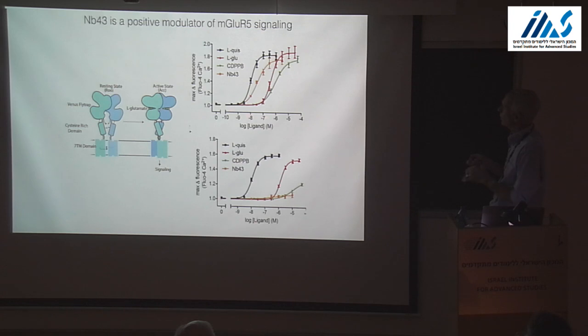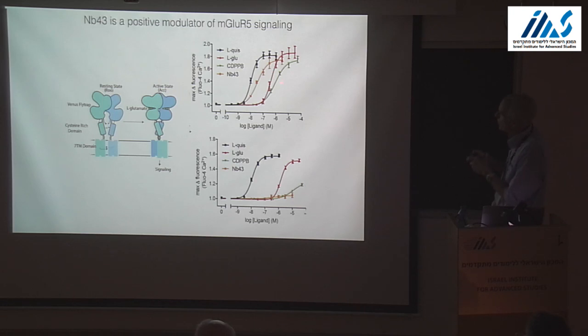It's very hard to get rid of glutamate, so it's probably acting as an orthosteric agonist here. CDPBB is a positive allosteric modulator that binds here, and that also looks like an agonist. Glutamate is the native agonist, and quisqualate is a very high affinity agonist. So these are all compounds that we're going to be using.